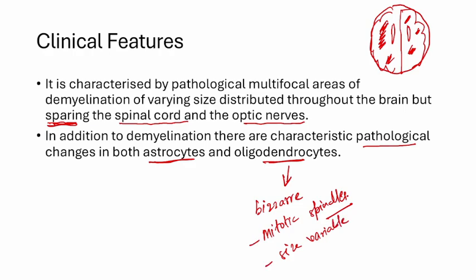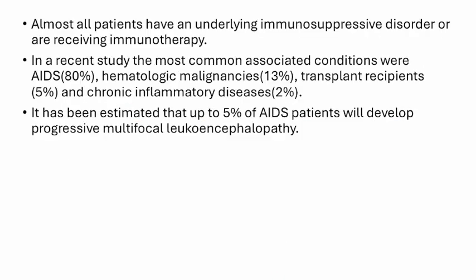So these are the pathological findings that you will see in oligodendrocytes and astrocytes, induced by JC virus. Frequent mitotic figures and hyperchromatic deformed nuclei will also be there.